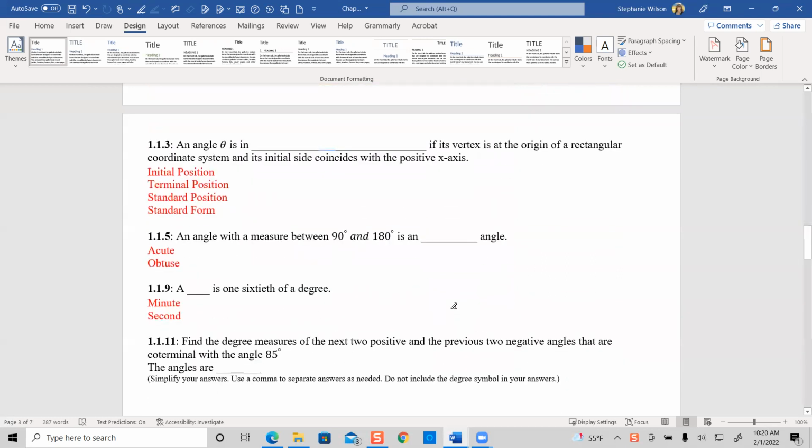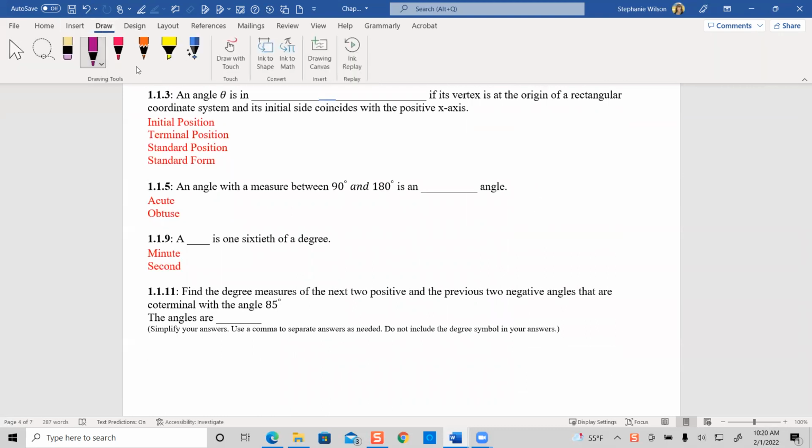All right, so let's do the first question. It asks: an angle theta is in blank if its vertex is at the origin of a rectangular coordinate system and its initial side coincides with the positive x-axis. Well, that is said to be standard position.